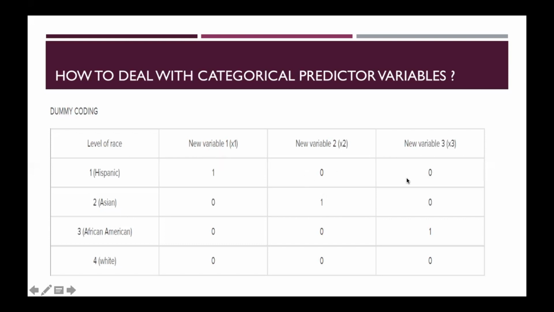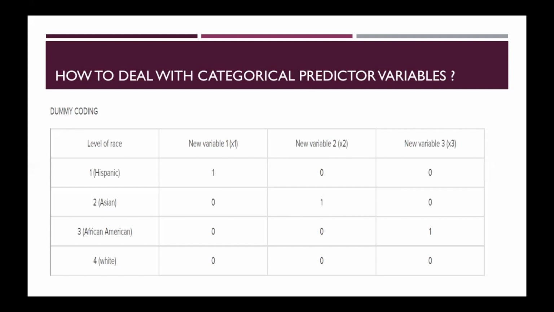In this way we come to know that the value of level of race is Hispanic. Similarly, Asian is encoded as 010, African American is encoded as 001, and white is encoded as 000. In this way we have encoded the unique values of the level of race feature.